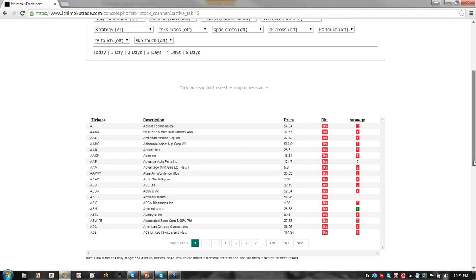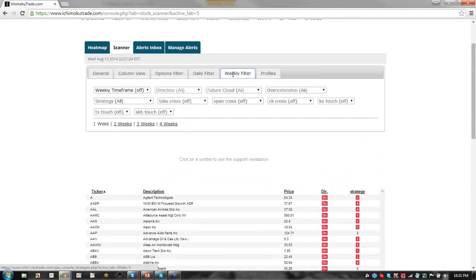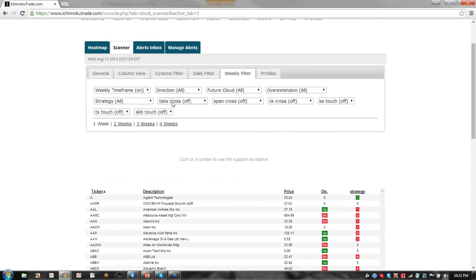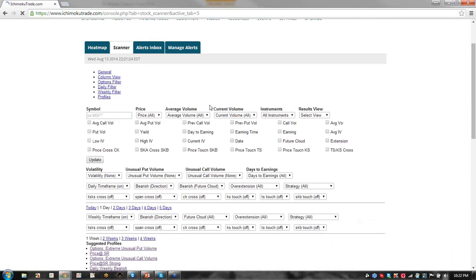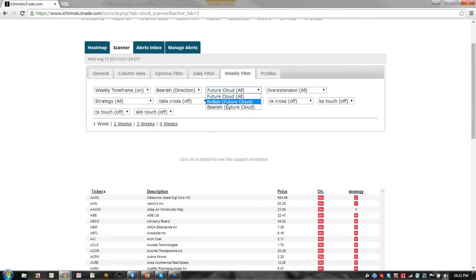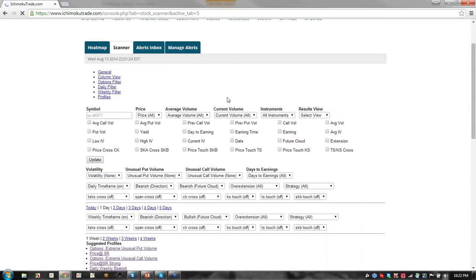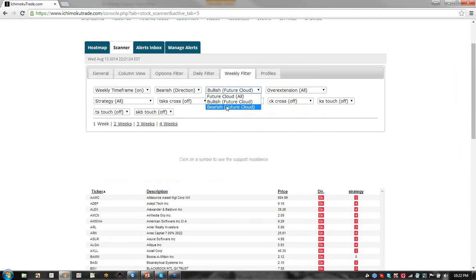Okay? Now what I could do is I could filter and say, I want the higher time frame, which is the weekly. I want it to be bearish too. So I'm going to turn it on. And I'm going to say I want it to be bearish. I want the future cloud to be bearish. Whoops. Turn on the wrong one.